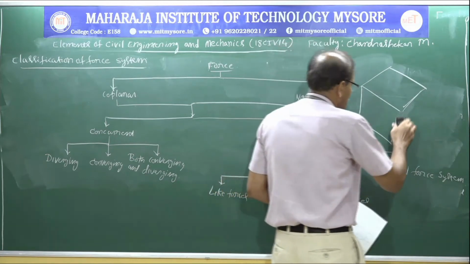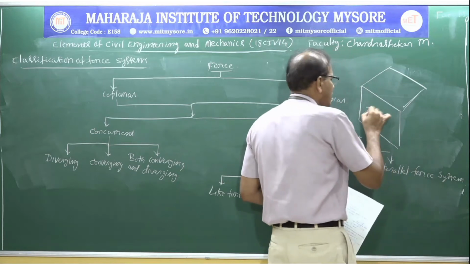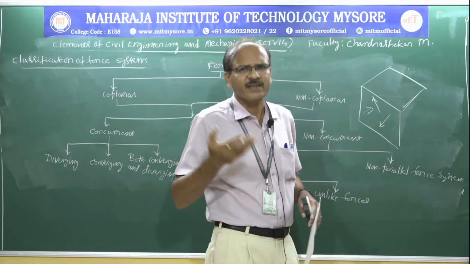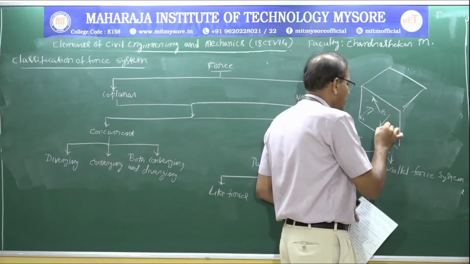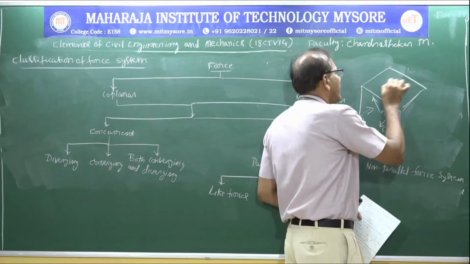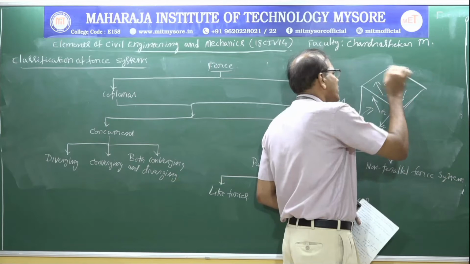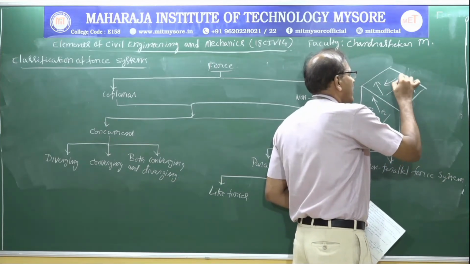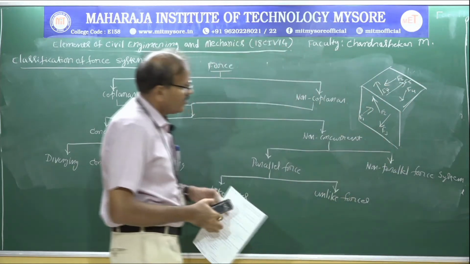A system of forces is nothing but a group of forces: F1, F2, F3 and F4, F5, F6, F7.